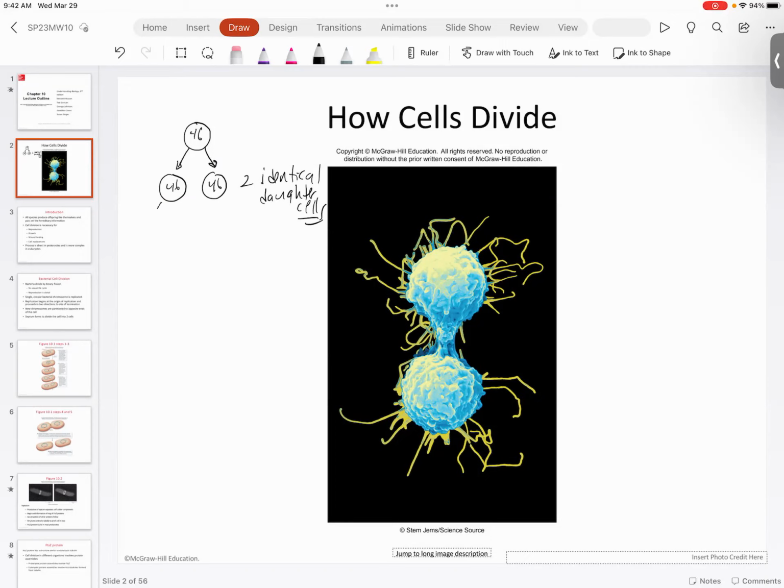These guys also go through a round of cell division. And they do the same thing. They create two identical daughter cells, each with how many chromosomes? 46. And these will go through a round of cell division. And these will go through a round of cell division. And so on and so forth.